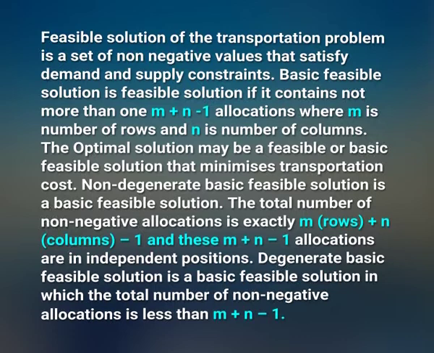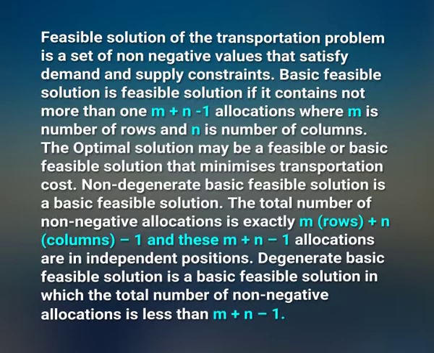A basic feasible solution is a feasible solution if it contains not more than m plus n minus 1 allocations, where m is the number of rows and n is the number of columns. The optimal solution may be a feasible or basic feasible solution that minimizes transportation cost.